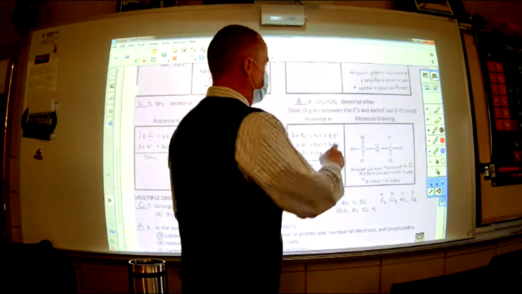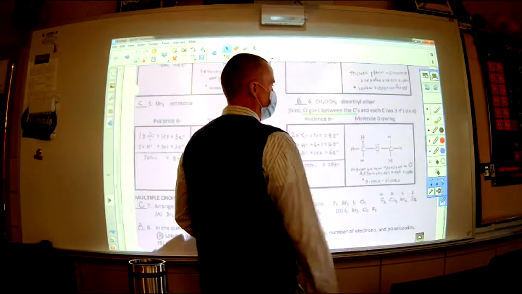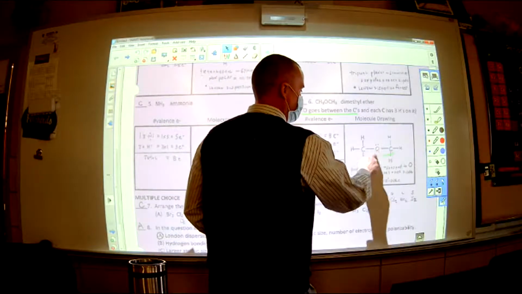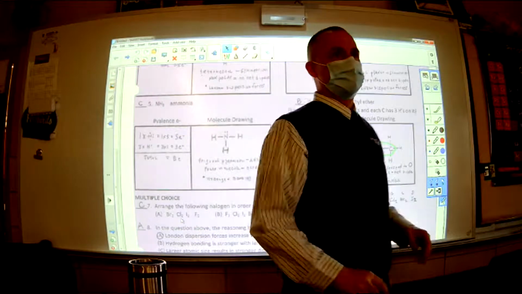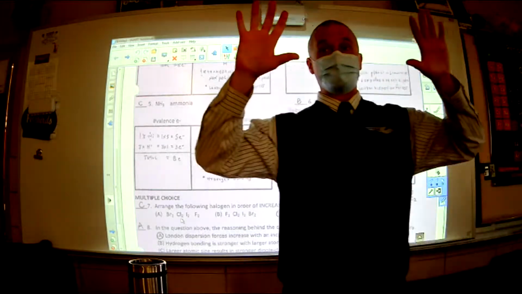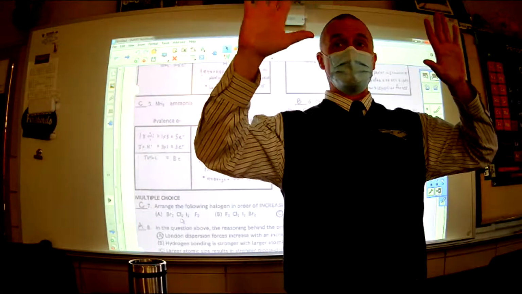They told us the oxygen's between the 2 carbons. So I would really just need to draw this part of the molecule. I have a carbon on one side, the carbon on the other.